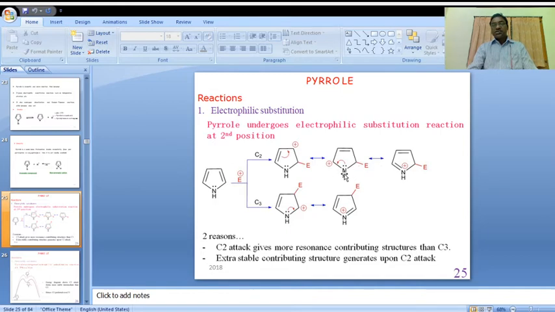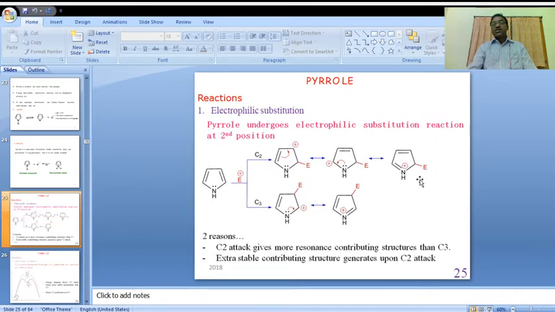From this, if the lone pair of electrons of the heteroatom donates to the cyclic ring, it forms a new pi bond between the heteroatom and the C5 carbon.